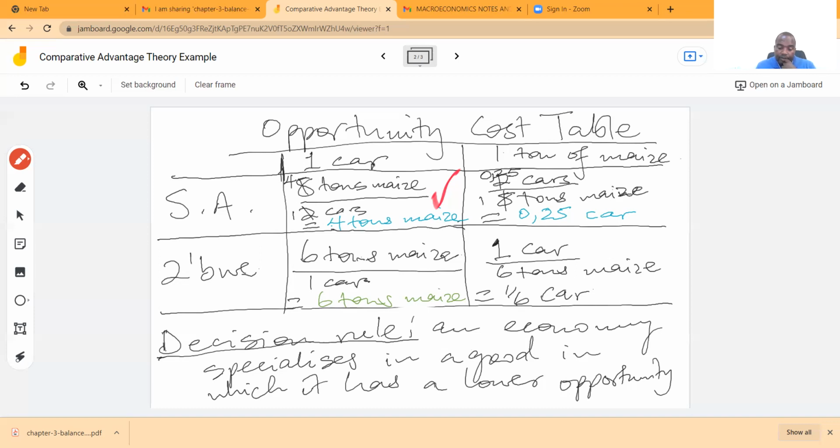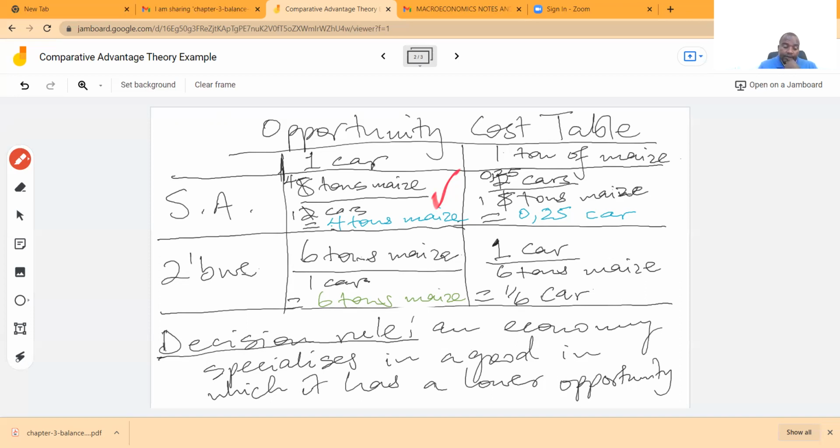So once more, South Africa specializes in the production of cars because she foregoes fewer tons of maize compared to Zimbabwe. It's ceteris paribus.